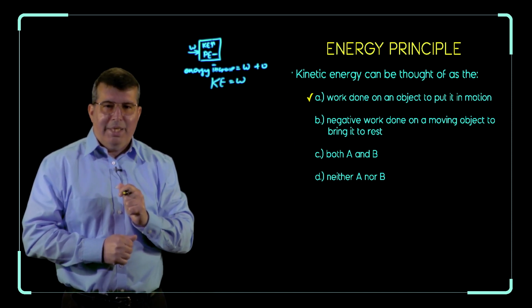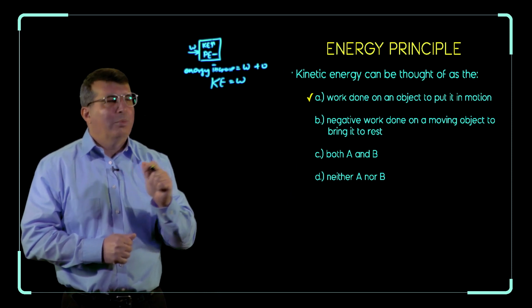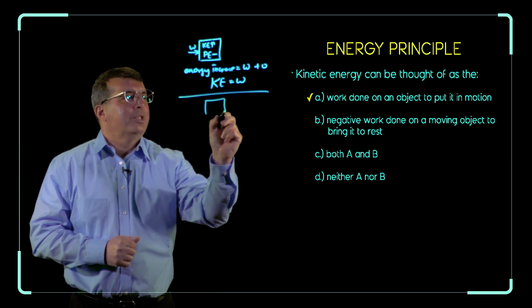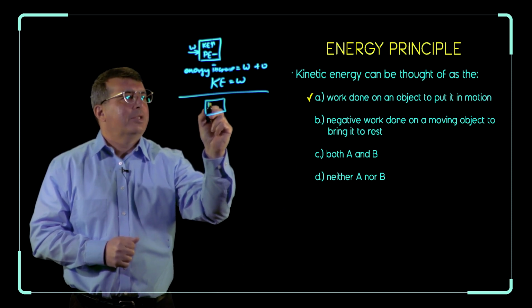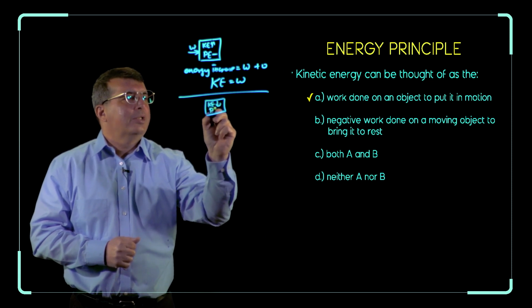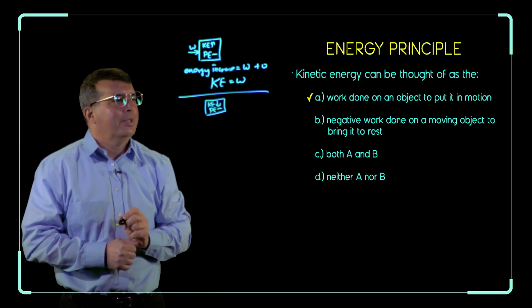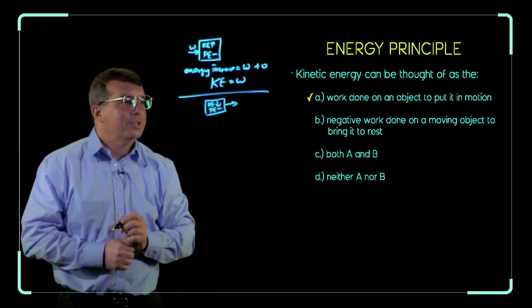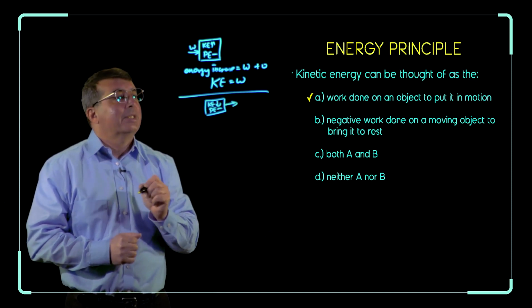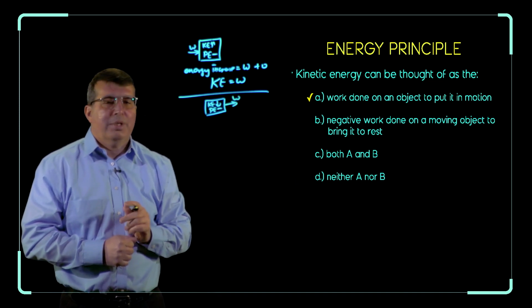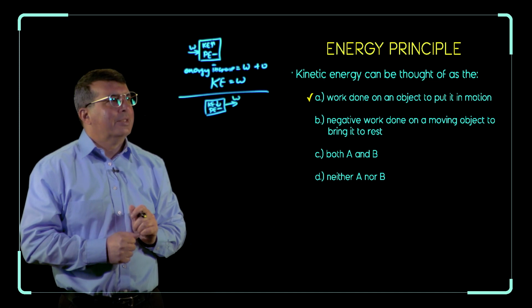Now let's think about B, the negative work done on a moving object to bring it to rest. Well, that's the opposite situation. We have an object coming to rest, so its kinetic energy is decreasing while its potential energy stays the same. If the kinetic energy decreases and potential energy doesn't increase, then there must be some negative work bringing that object to rest.